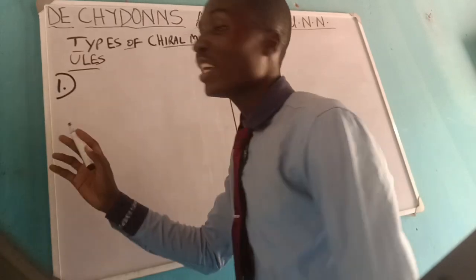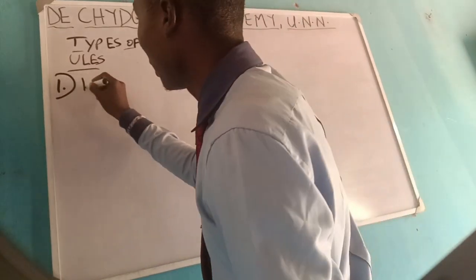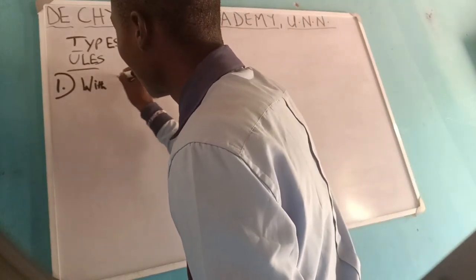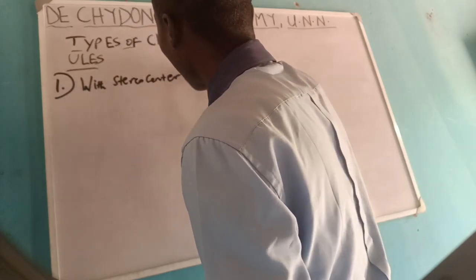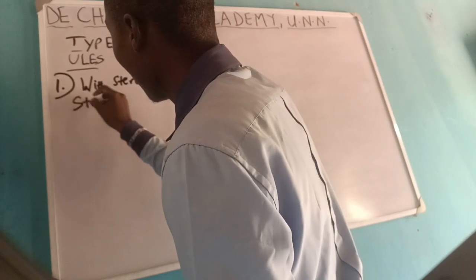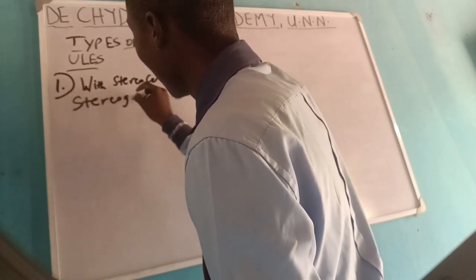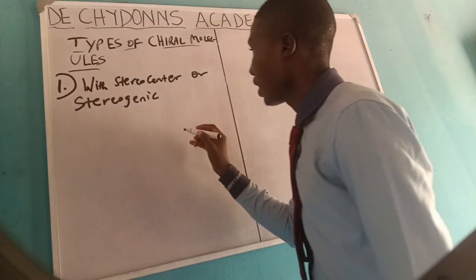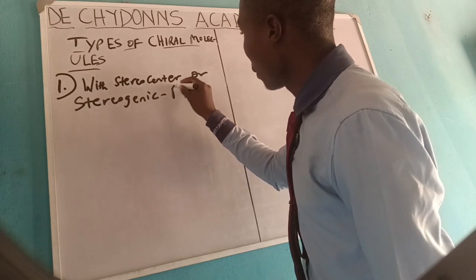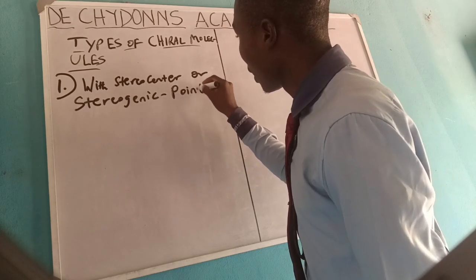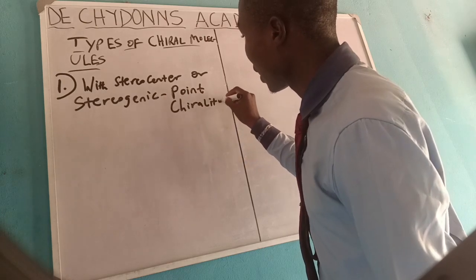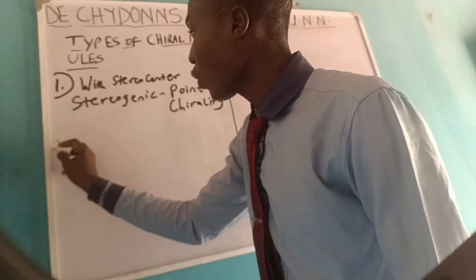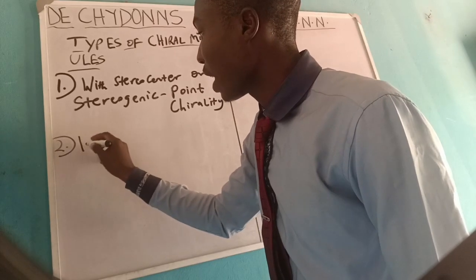So chirality with stereocenter or stereogenic center, we refer to that as point chirality. Then the second one is without.